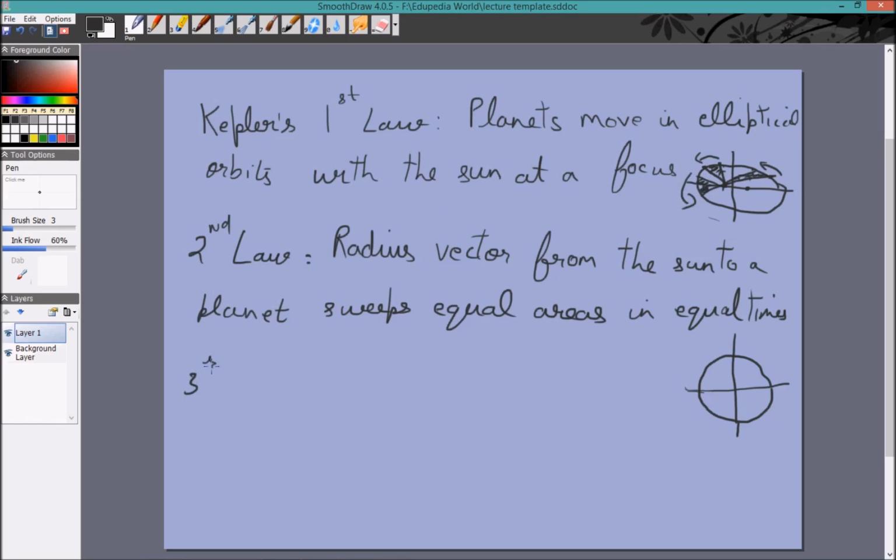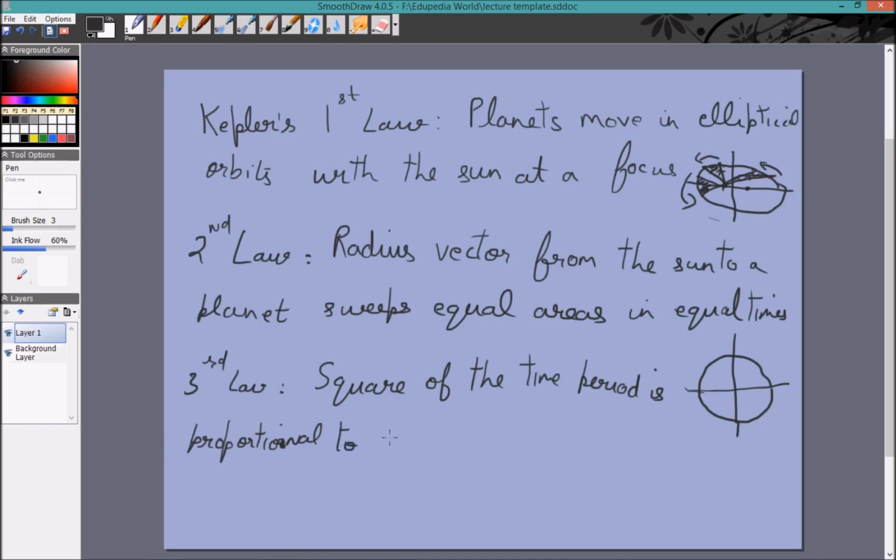Kepler's third law says that the square of the time period is proportional to the cube of the semi-major axis.